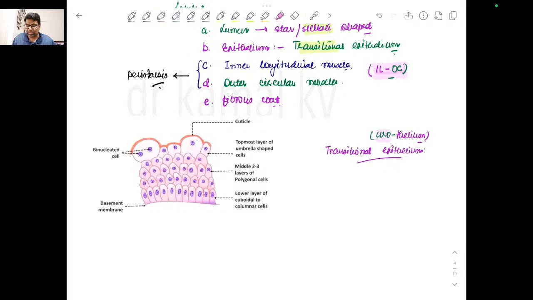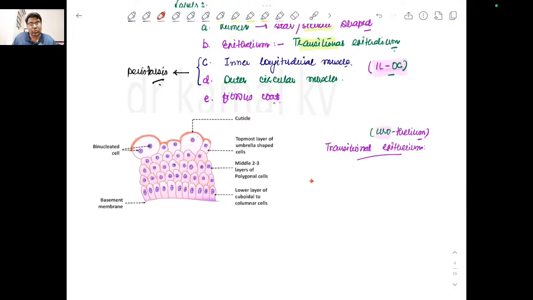Now I think whenever urine is coming, obviously the structure is distending. So this kind of epithelium has this feature of distensibility. Now coming to the classical histological features which you need to look into a given slide to answer this. Now what is happening here, there are few cells which look like cuboidal or columnar, right?